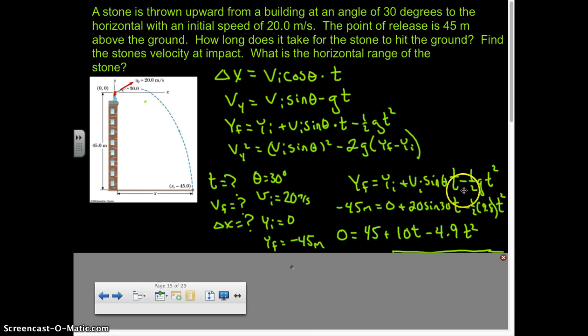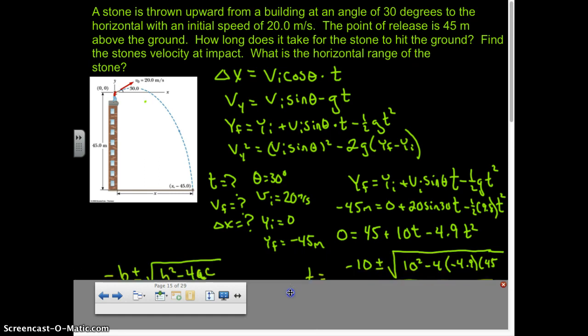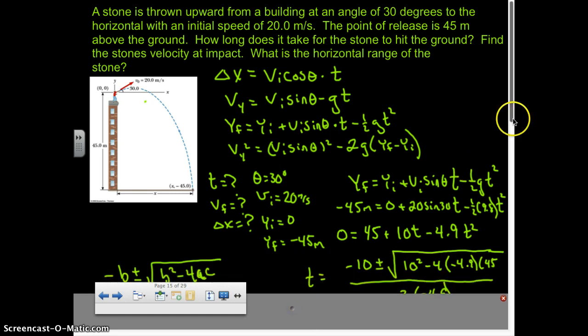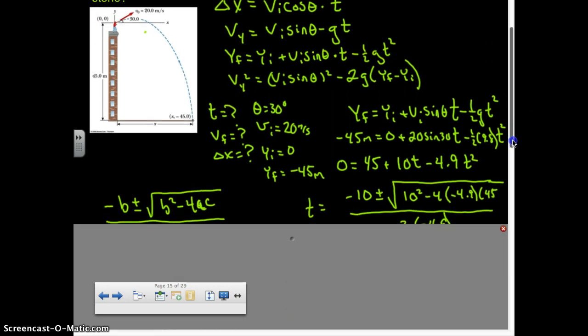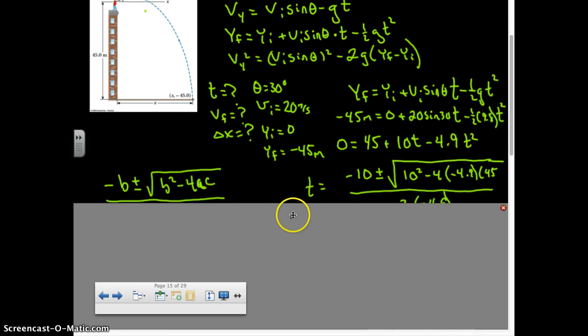If we write that out and fill in the values they've given us, notice that t is the only thing we don't know. Somewhat unfortunately, we might have to use the quadratic formula, but that's not a big deal. If you need to be reminded what the quadratic formula is, it's off to the left.